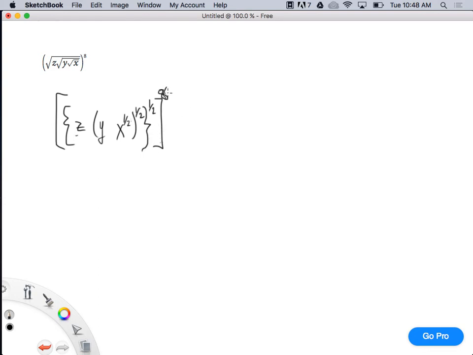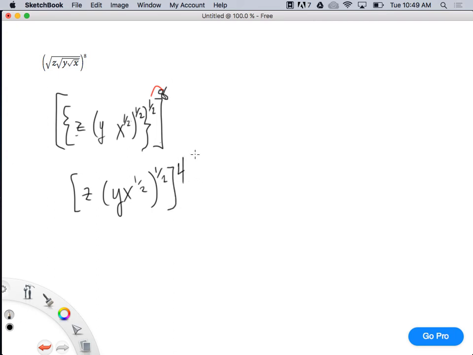I just keep bringing it in. It's this whole thing to the 1/2 raised to the 8th power. So I can eliminate that first one pretty quickly. And then it just becomes z, y, x to the 1/2, this to the 1/2 power, and then 1/2 times 8 is 4.